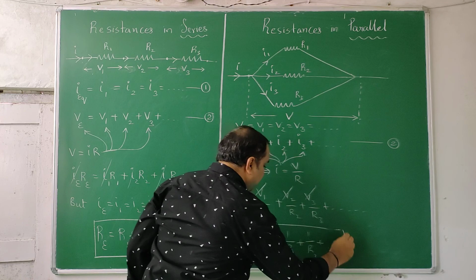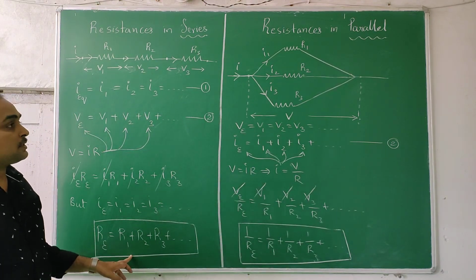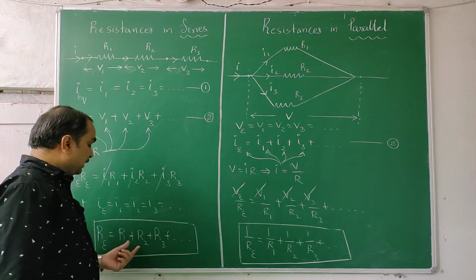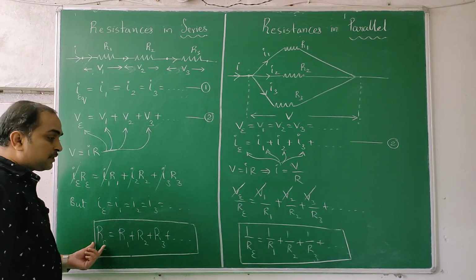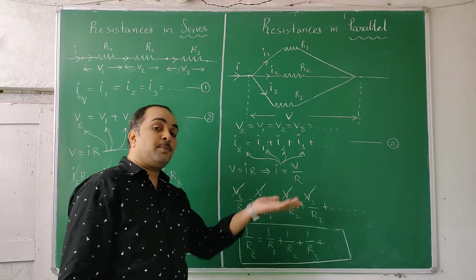This is the derivation for resistances in parallel. That was the derivation for resistances in series. When they are in series, directly you can add the resistances to get the equivalent resistance. When they are in parallel, reciprocals are to be added to get the reciprocal of the equivalent.